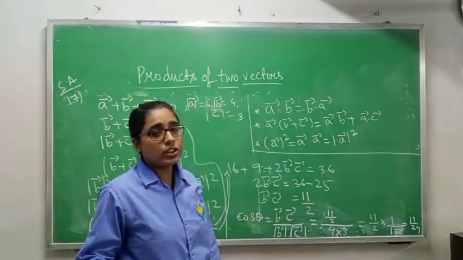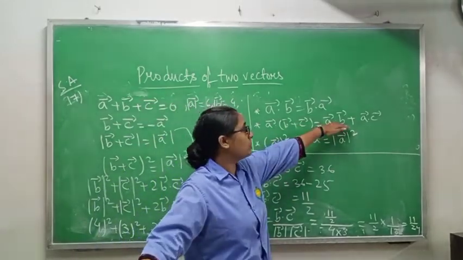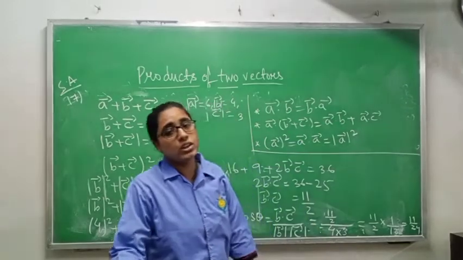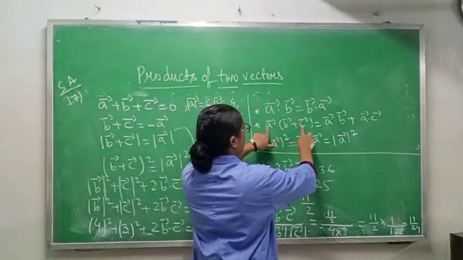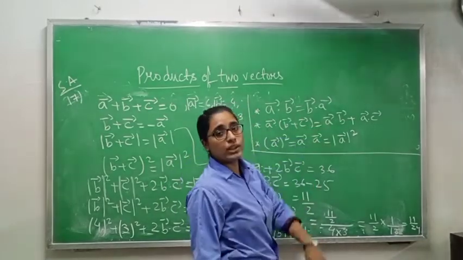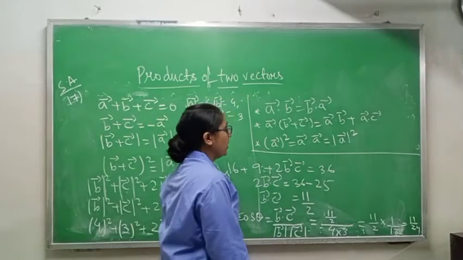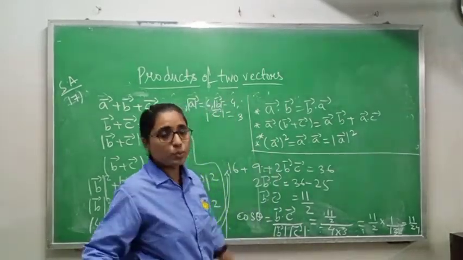Second one is a vector dot b vector plus c vector equals to a vector dot b vector plus a vector dot c vector. Means if you do the product between a and b and a and c, when you open the bracket, you will get the same thing. Now this one is very much important because we are going to use it, so please concentrate.